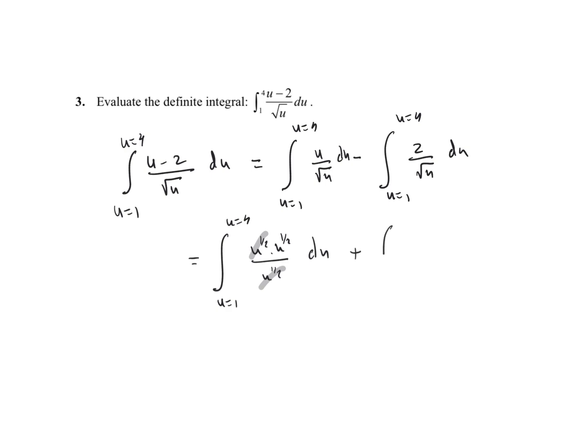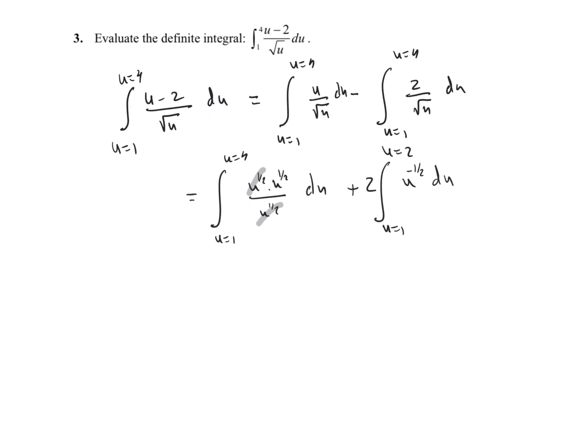Plus the integral from u equals 1 to u equals 4, where I will put the 2 outside and write u as u to the minus 1/2, du. Perfect. And now I have equal to the integral from u equals 1 to u equals 4 of u to the 1/2 plus 1 divided by 1/2 plus 1, plus 2 times u to the minus 1/2 plus 1, 1/2 divided by 1/2.